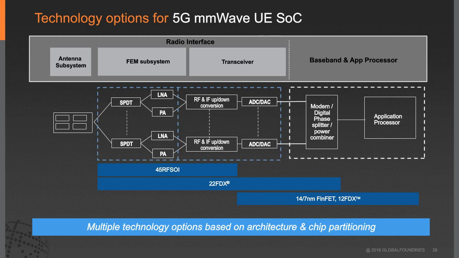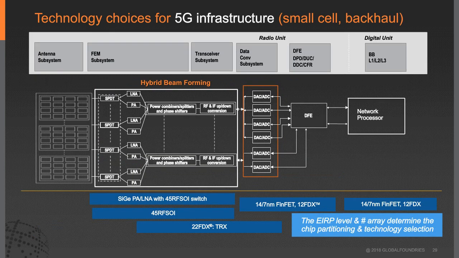This is for infrastructure. The earlier slide was an example for a UE device, so a handset. I've shown hybrid beamforming. With hybrid beamforming, you have both analog beamforming at the front end and then digital beamforming in the digital domain. So you can again use the different technologies shown.